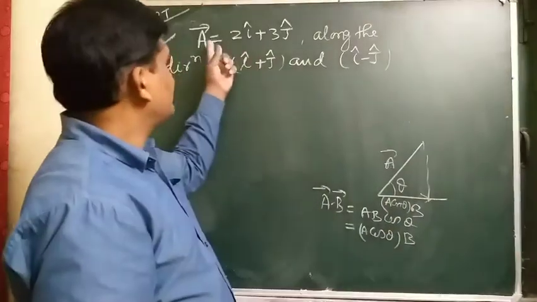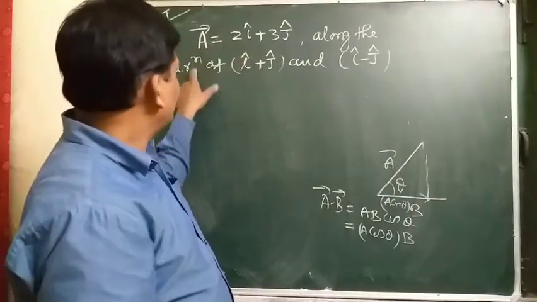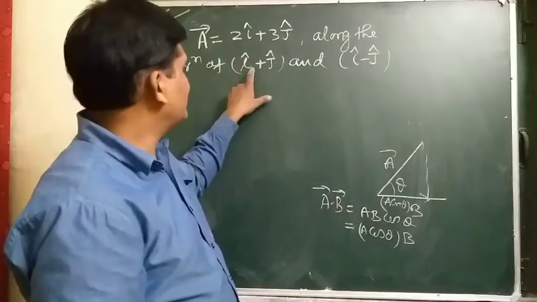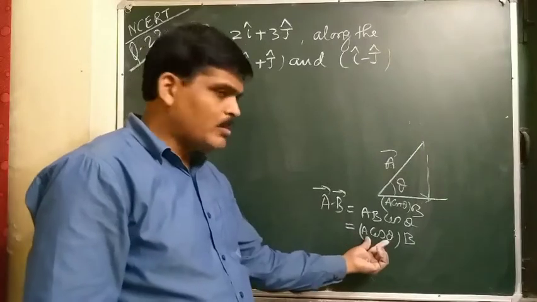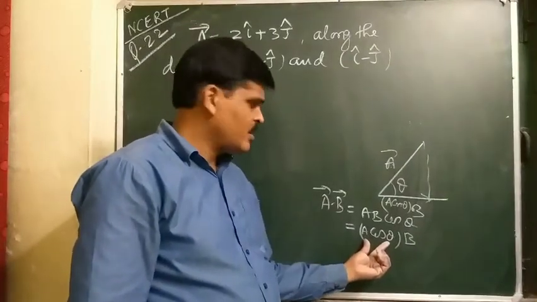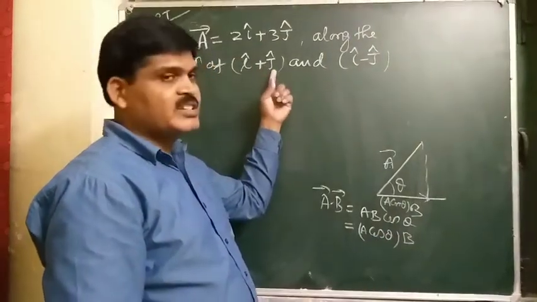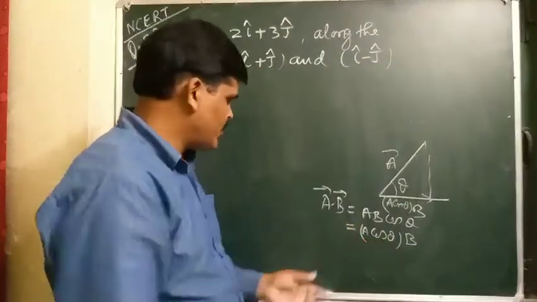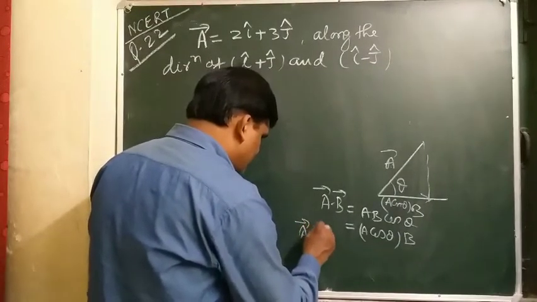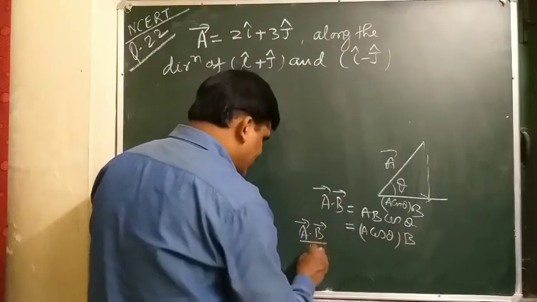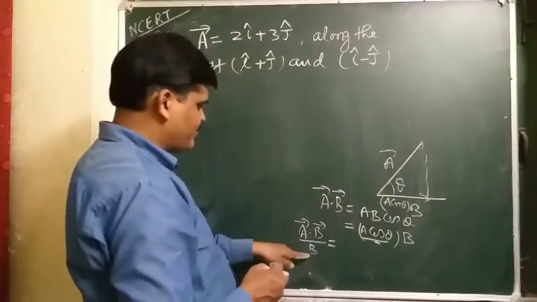And student, we have to find the component of vector a in the direction of i cap plus j cap and i cap minus j cap. So the component of a in the direction of i cap plus j cap: we have to write the formula, vector a dot vector b by magnitude of b, and this b is i cap plus j cap.